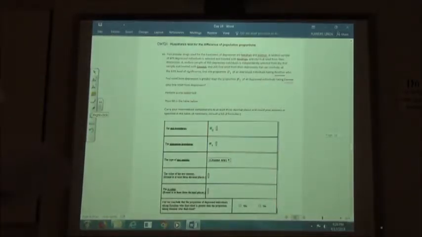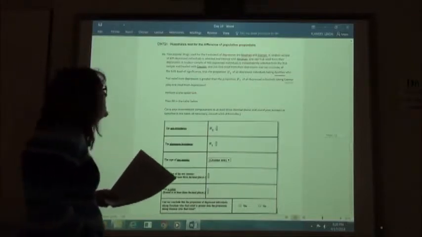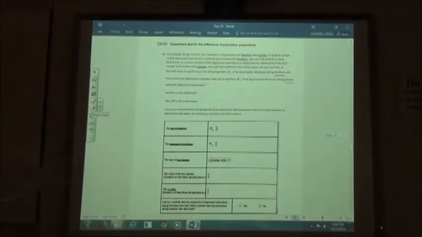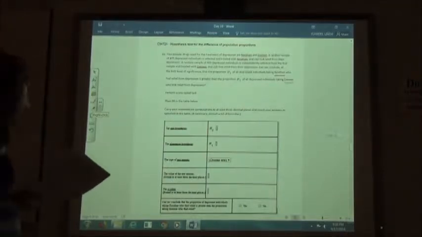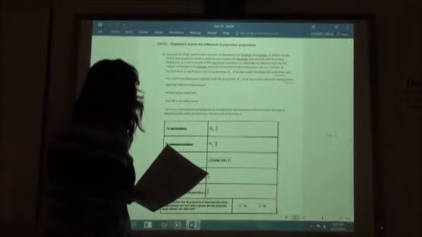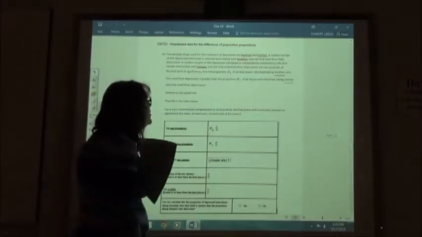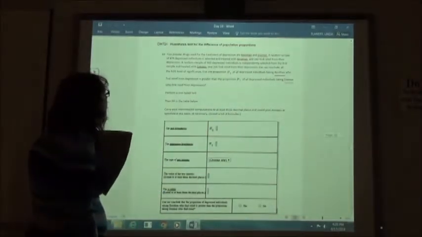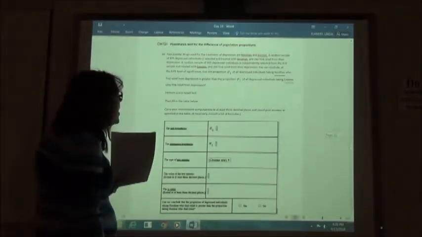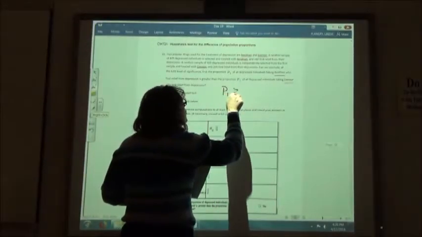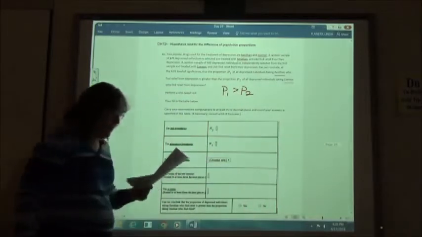In a sample of 465 depressed individuals independently selected from the first sample and treated with the second drug, 205 find relief. Can we conclude at a 0.1 level of significance that P1 of all depressed individuals that find relief from depression is greater than P2? So P1 is greater than P2.